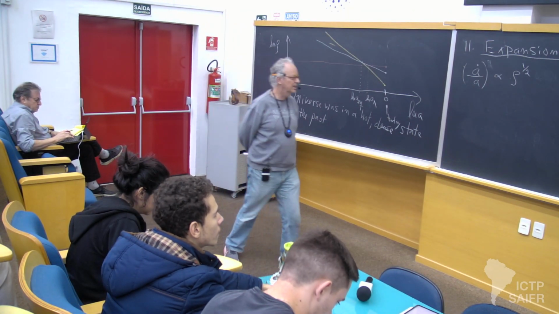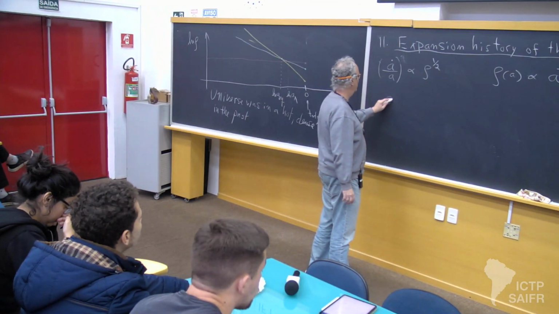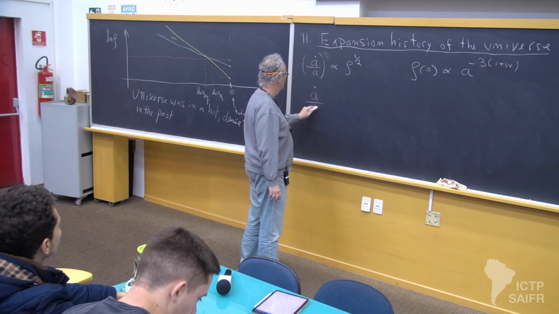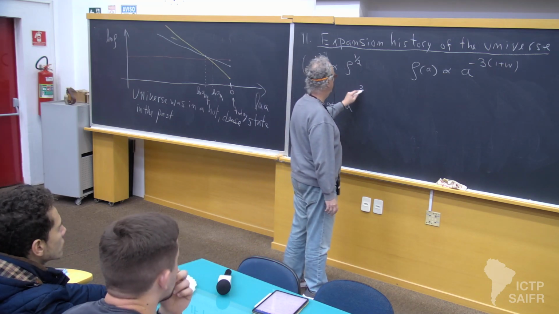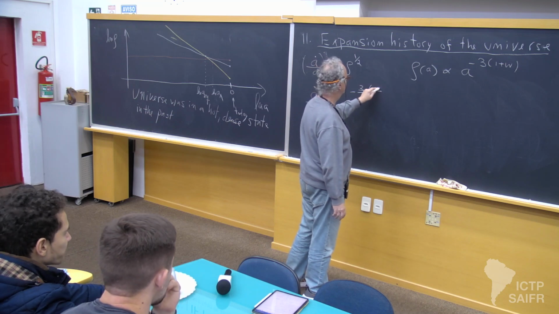Okay? So let's do that. So a dot over a is proportional to a to the minus 3 halves (1 plus w).